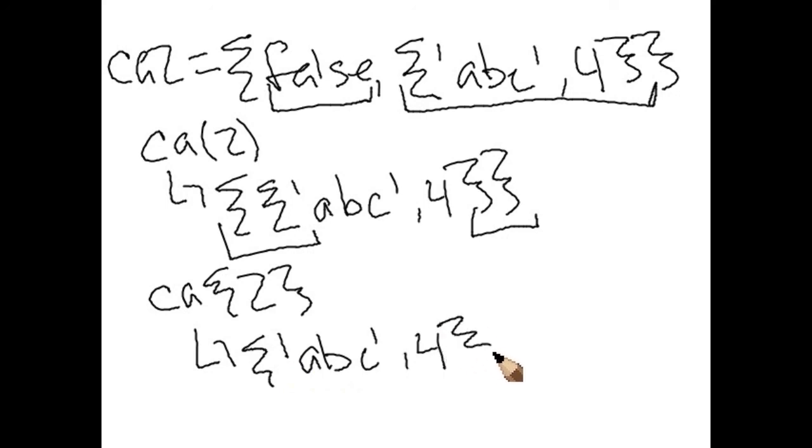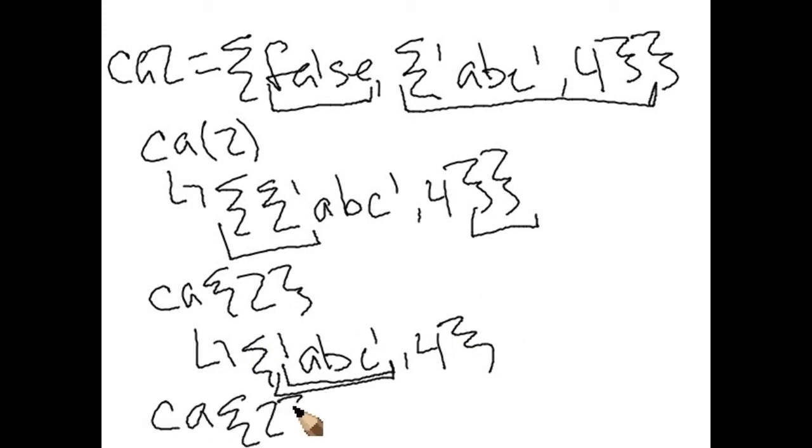So from here, what if I wanted to get out just the string ABC? Well, we know that cell array crack hands 2 will give us this, so I could index that at position 1 using my crack hands. So I could say cell array crack hands 2, crack hands 1, and so this would return just the string ABC.